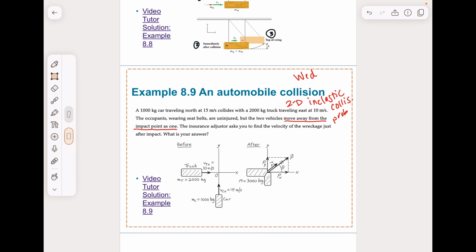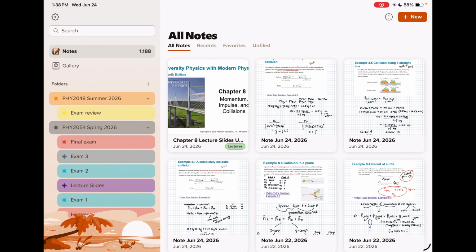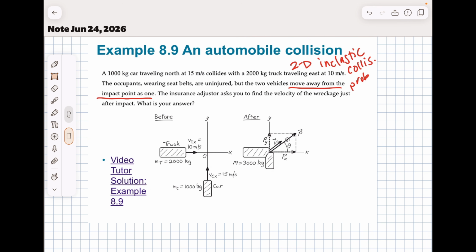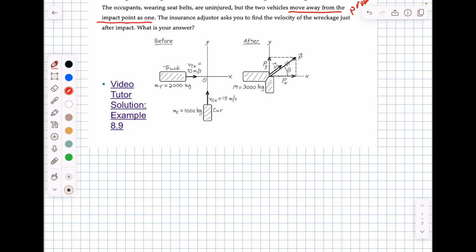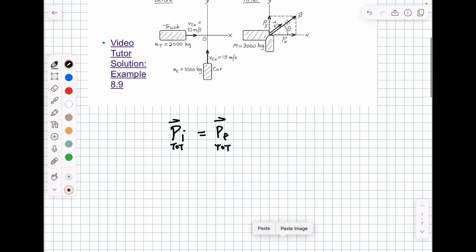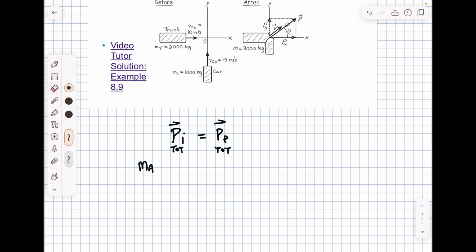We're going to need to apply the conservation of momentum in the X and in the Y direction. Okay, so conservation of momentum is a vector statement, right? The total momentum of the system initially, this is a total value, is going to equal the final momentum of the system. And that system consists of A and B, right? Mass A, the truck. Let's use their naming scheme.